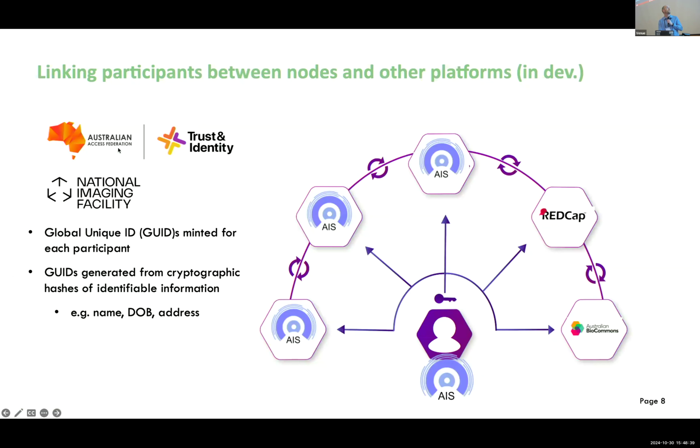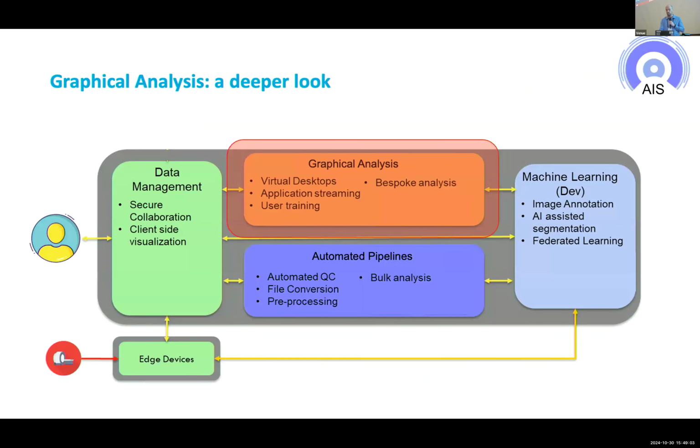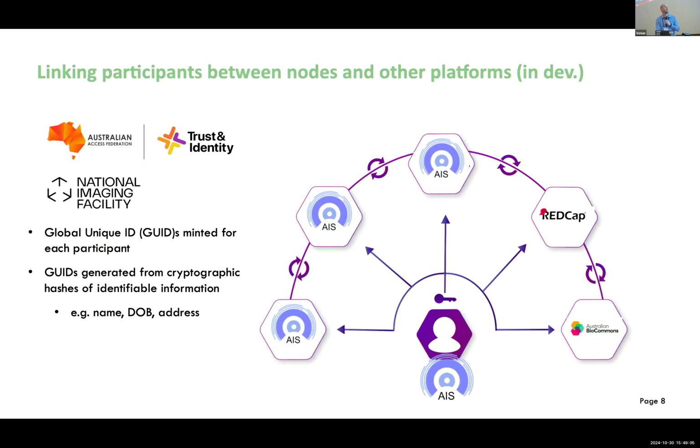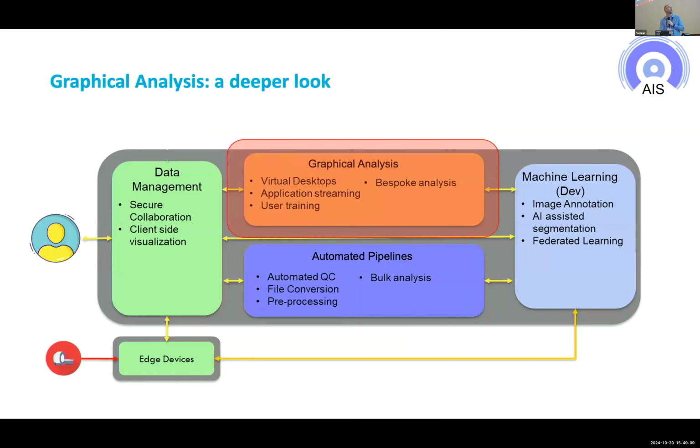We're working with the Australian Access Federation to mint global unique IDs, which are cryptographic hashes generated from identifiable information, such as the name, address, and date of birth. So these are one-way hashes, which means that you go from the identifiable information to the hash, but you can't come the other way. So you can use this to link the data across the different nodes and other platforms.